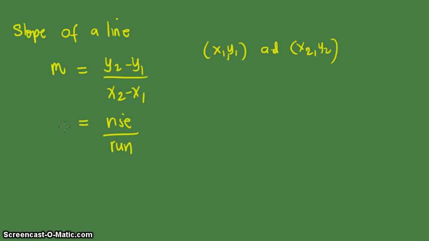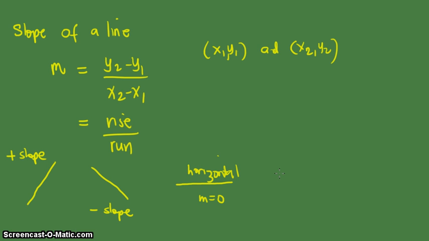A slope can be positive if the line is in this orientation. Sometimes it's negative, going down, so this is a negative slope. A slope can also be 0: if the line is horizontal, then the slope is equal to 0.